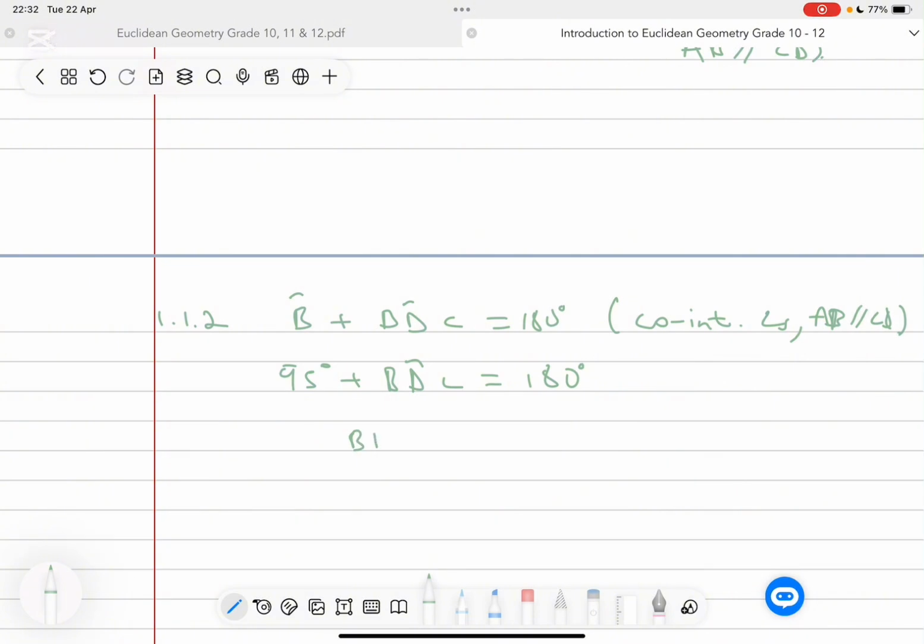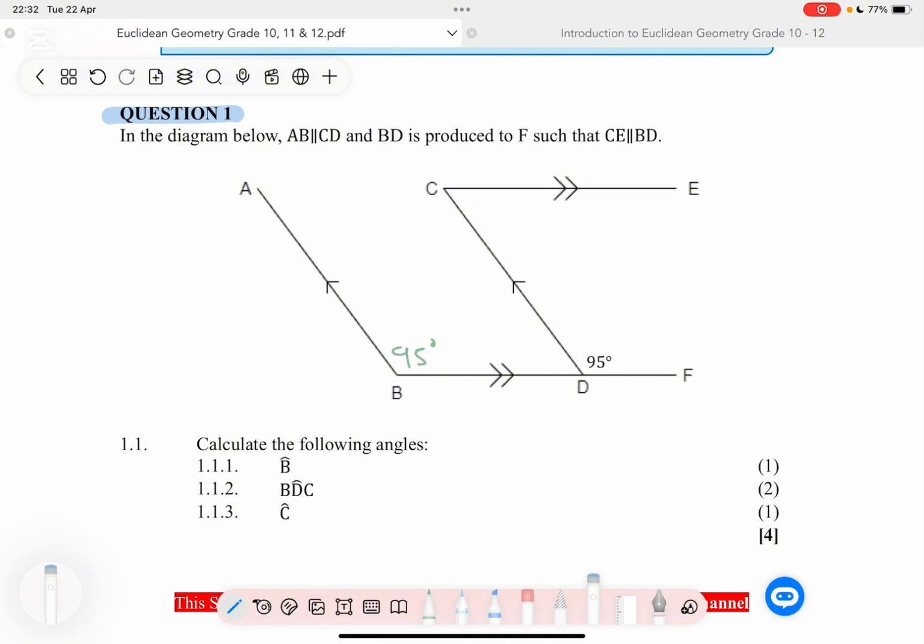And we have angle BDC being equal to 180 degrees minus 95. And we can all see that therefore angle BDC should be equal to 85 degrees. So that means our angle here is 85 degrees.